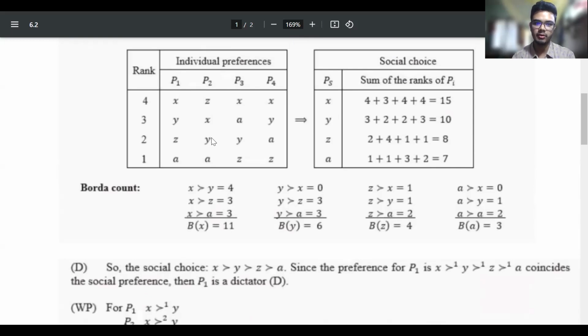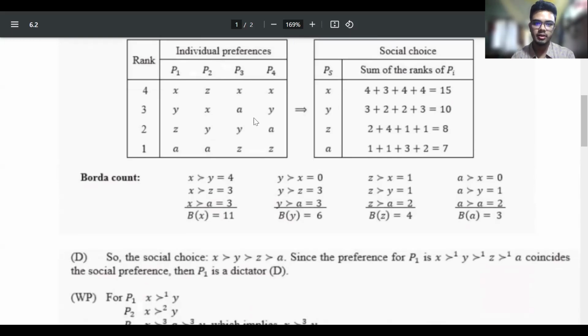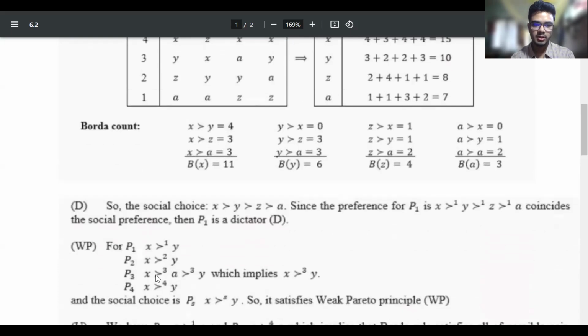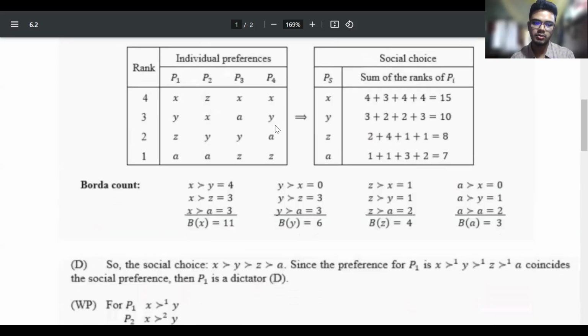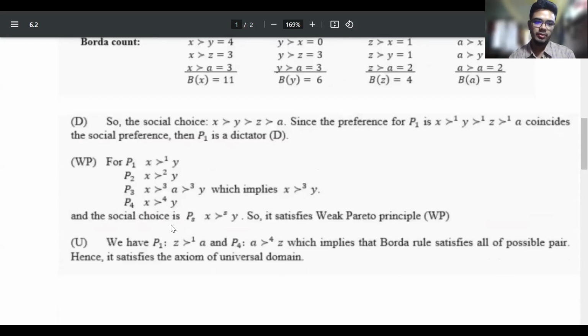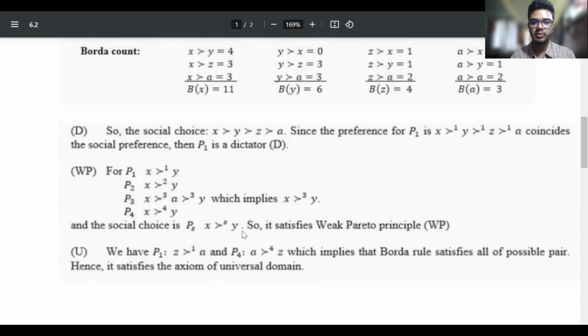For P3, X is preferred to A and A is preferred to Y, so we can say that X is preferred to Y. And for P4, X is preferred to Y. We can see that X is preferred to A also. So in the social choice, X is preferred to Y. So it satisfies the weak Pareto principle.